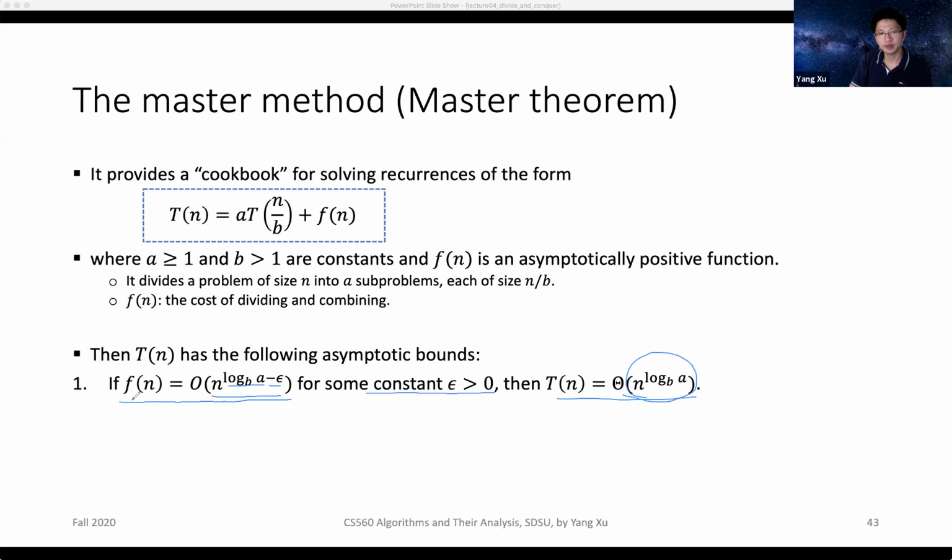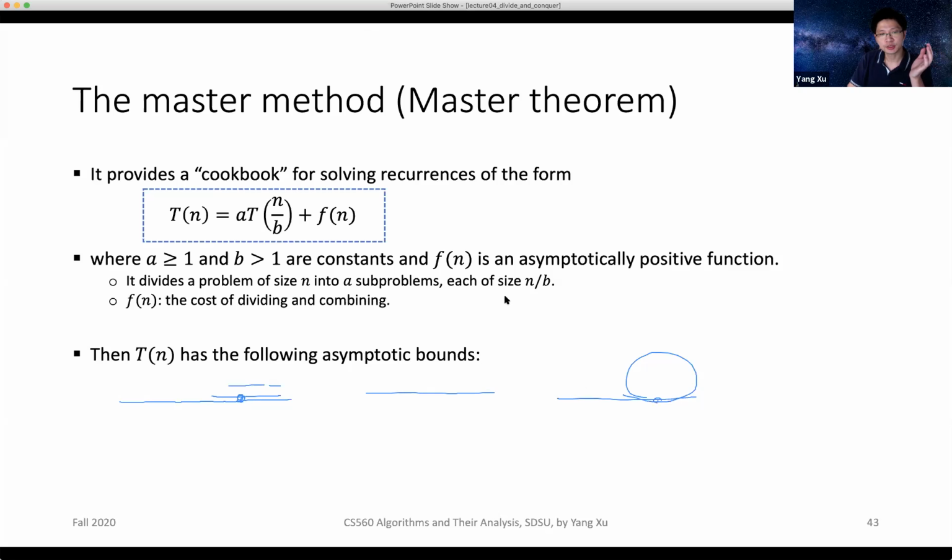Okay, so we have an if and then condition. So if f of n is bounded by this polynomial term, then the T of n is also bounded by this polynomial term. That's what condition 1 says.